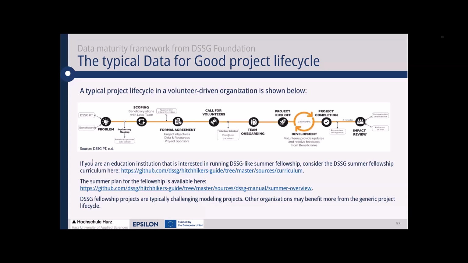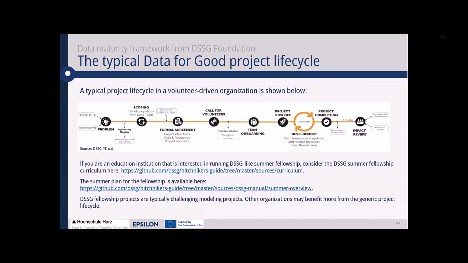Here it is to say that it should not be the operative data, so not a regularly updated database of the beneficiary. It is enough to provide a small subset of this data. The important aspects are the format of the data and the quality of the data. Therefore, a small subset to provide a flavor for these two characteristics should be sufficient in order to let the volunteers do the project scoping.